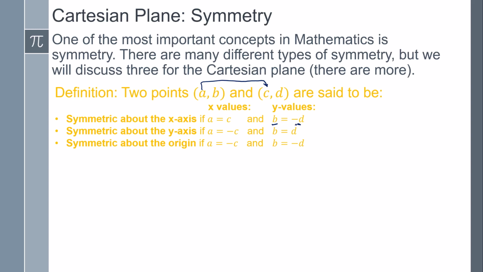They're symmetric about the y-axis if the x values went from positive to negative, but the y value stayed the same. And it's symmetric about this new term, the origin, if both the x and the y value change from positive to negative.